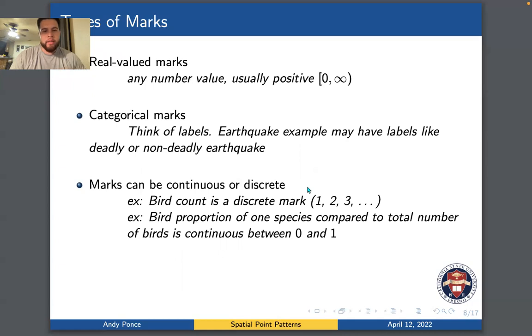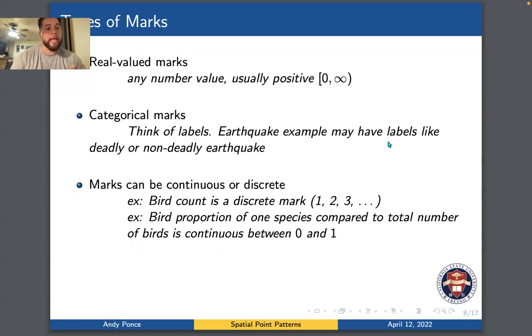Now let's talk about the different types of marks. Marks can be real valued, which means they can be any number, usually positive, between 0 and infinity. We can also have marks that are categorical, and you can think of these as more like labels. Going back to our earthquake example, a categorical mark might be the label of whether the earthquake was deadly or not deadly.